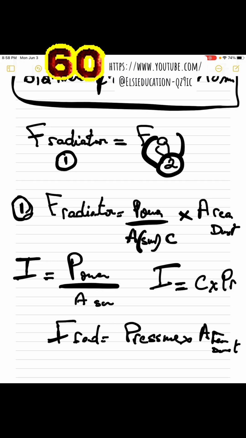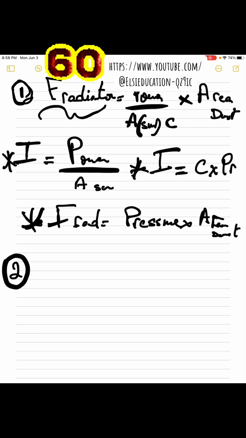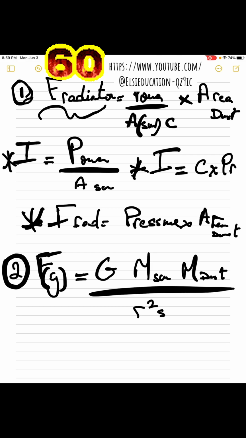If you combine all these three formulas, it will give you this formula here. And the second formula, the force of gravity, is going to be equal to the constant of gravity times the mass of the sun and the mass of the dust, divided by the radius of the sun squared.